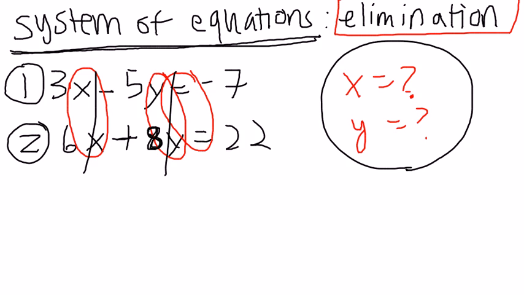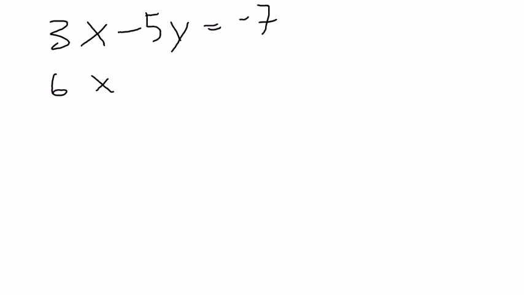So let's go ahead and get started. First thing I would do, I would write the equations nice and visibly and determine how to cancel out one of the variables. What do I need to multiply one of the equations by to make it maybe 4x minus 4x, 5x minus 5x, 3x minus 3x, 6x minus 6x?